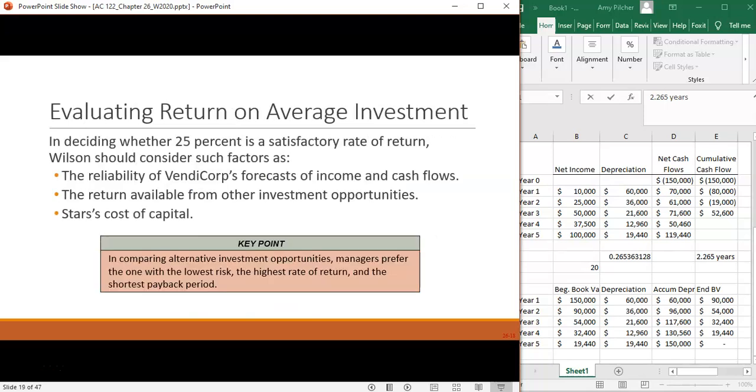Do we know whether or not a 25% is a good return? Well, we have to know some other things. So we would have to know what's our average return from our other investment opportunities. Do we have a minimum required rate of return? What is our cost of capital? And some other information.